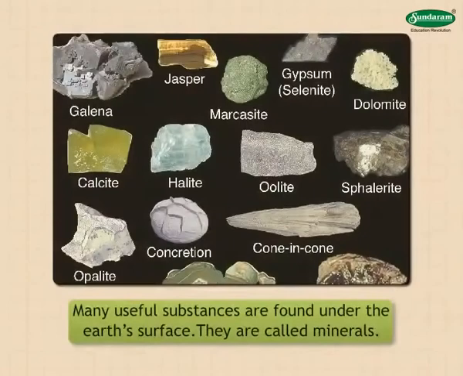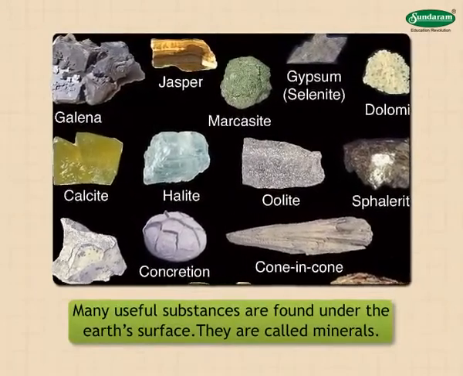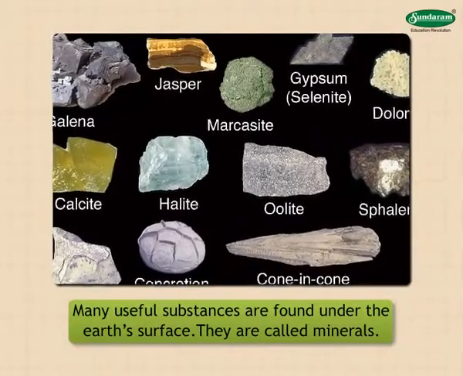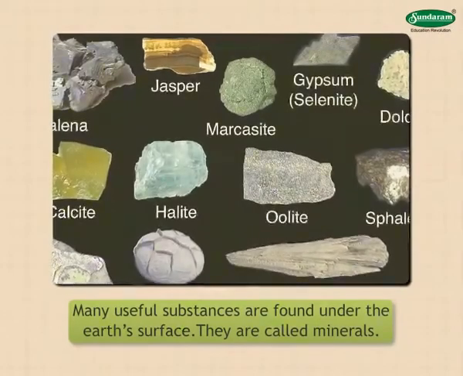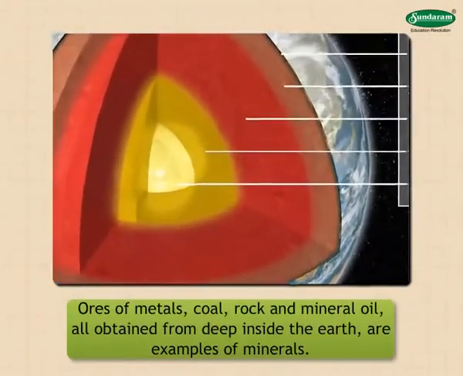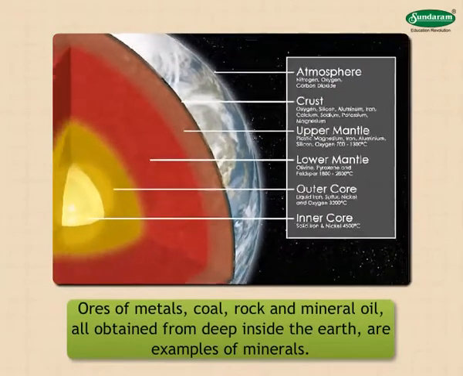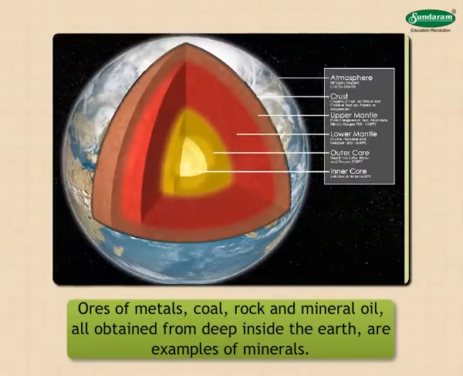Minerals. Many useful substances are found under the Earth's surface. They are called minerals. Ores of metals, coal, rock, and mineral oil, all obtained from deep inside the earth, are examples of minerals.